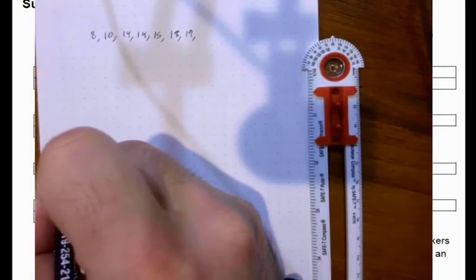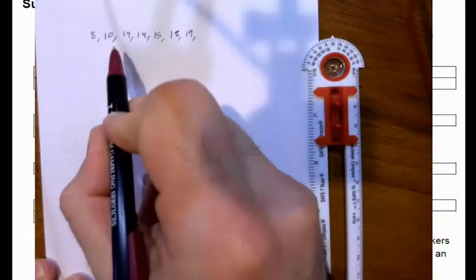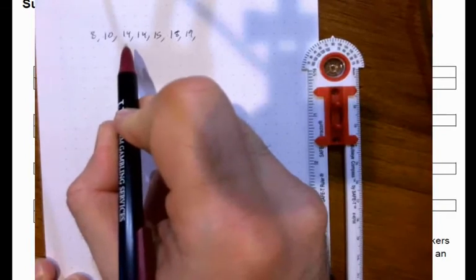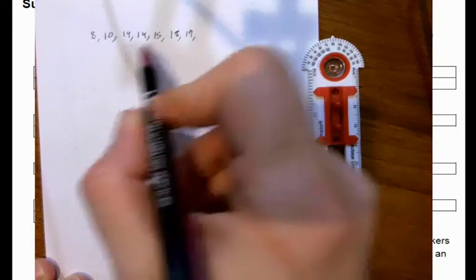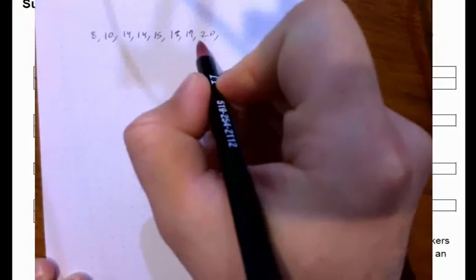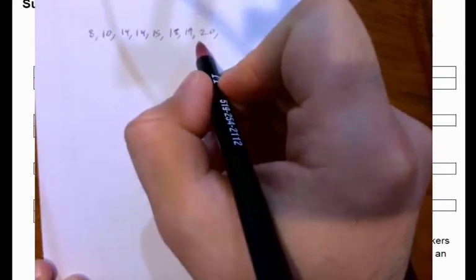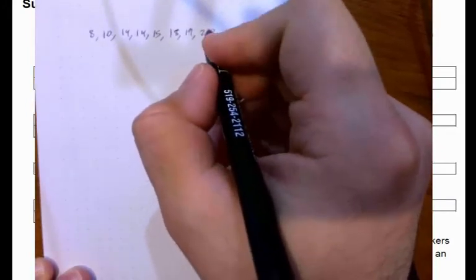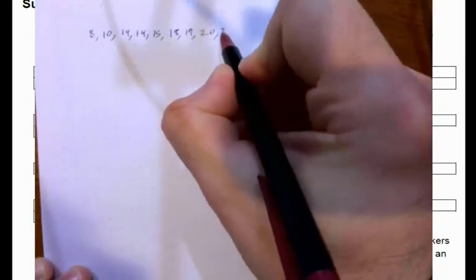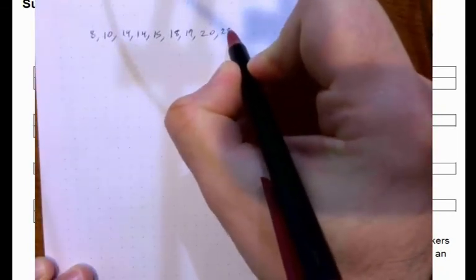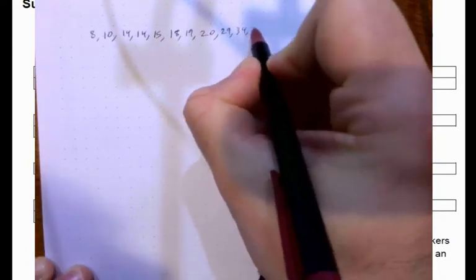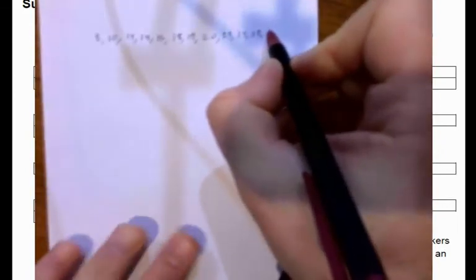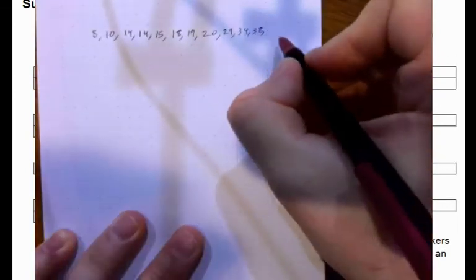I know we have to find the mean, median, and mode, but we'll do those after. So 8, 10, 14, 14, 15, 18, 19, 20. Next number that appears is 20, looks like 29 actually. Then we go to 34, 38, 40, 40, and 42.